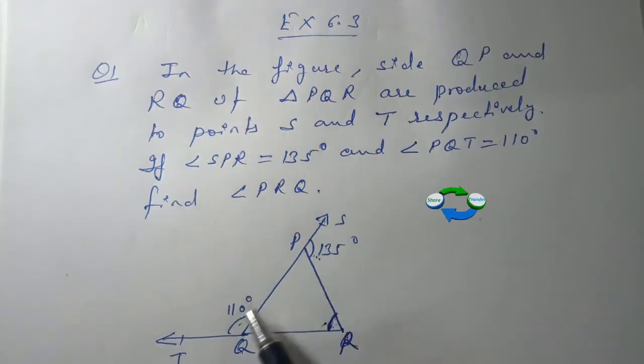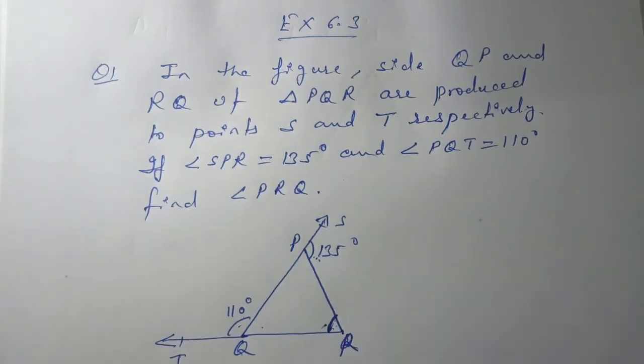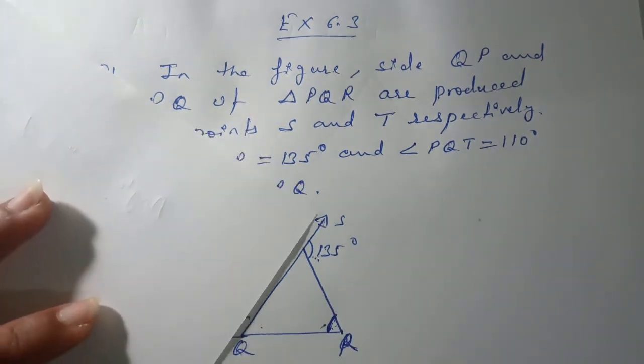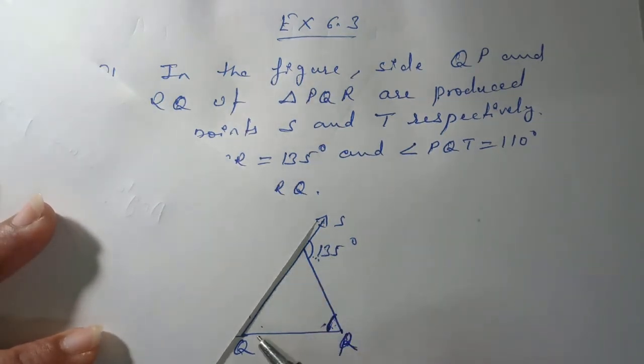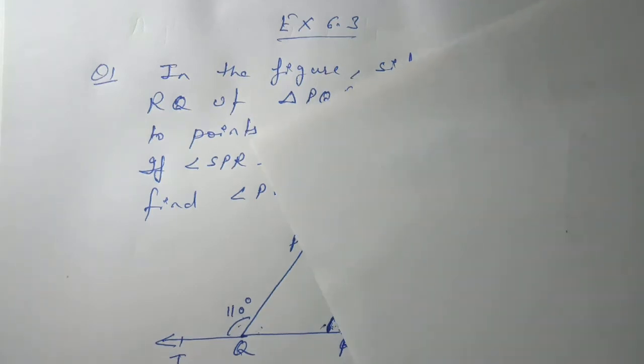If you observe these two given angles, if we consider this angle and forget this other angle, as if there is no angle over here, then you can see this will be the exterior angle and these two will be the opposite interior angles. So 135 degrees will be equal to angle Q plus angle R on the basis of the exterior angle property. If we know the value of Q, then we can easily find the value of R. Or if we see 110 degrees, this is also an exterior angle.